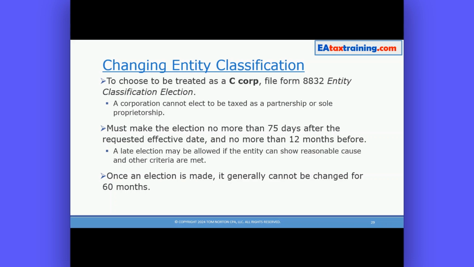And in some cases, a late election may be allowed if you can show reasonable cause. Once you make this election, it generally cannot be changed for 5 years, for 60 months. So once you make this election to be a C Corp, you are kind of stuck with being a C Corp for the next 5 years.